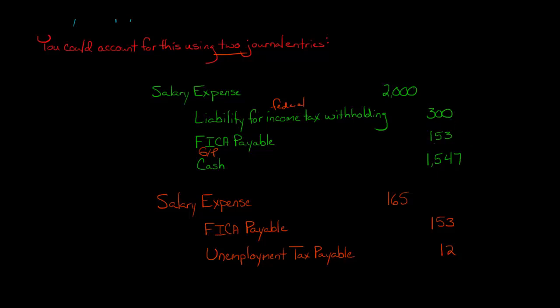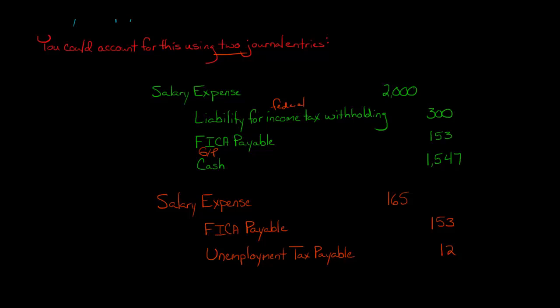We're going to hold it, and then we'll pay it to the government. The employee is paying this, but the employee never even sees it. Okay, so that's the employee's share. But then the employer, they have to pay the same amount, because they're splitting it. So let's say it's $306 total. This is the amount here that is being paid by the employer.